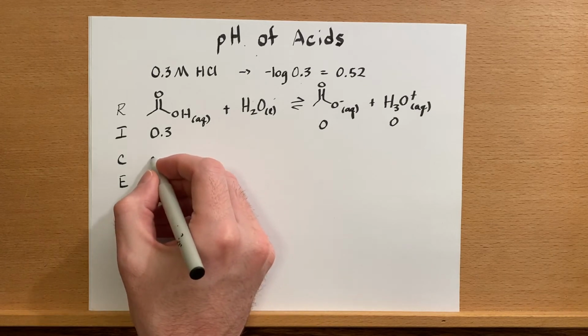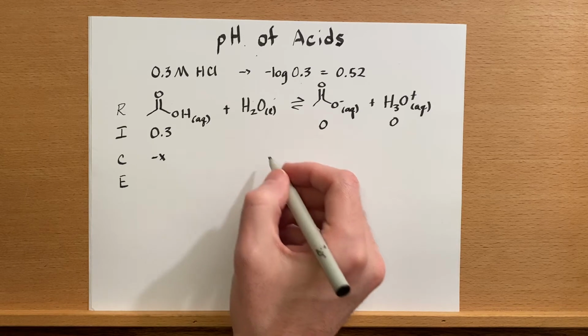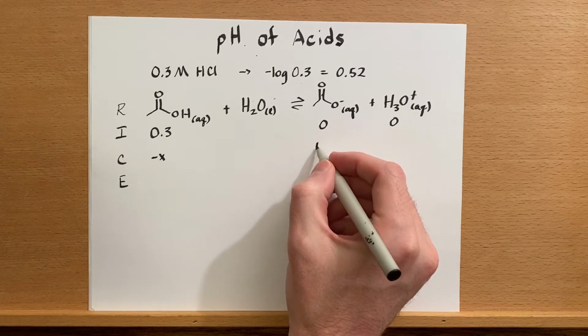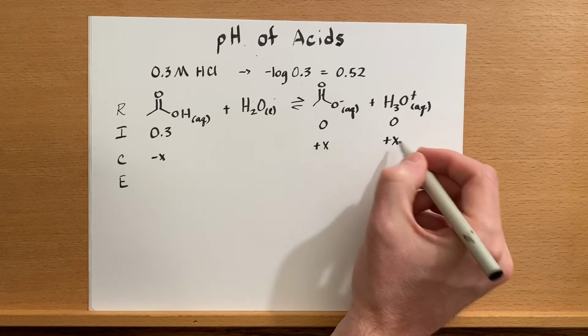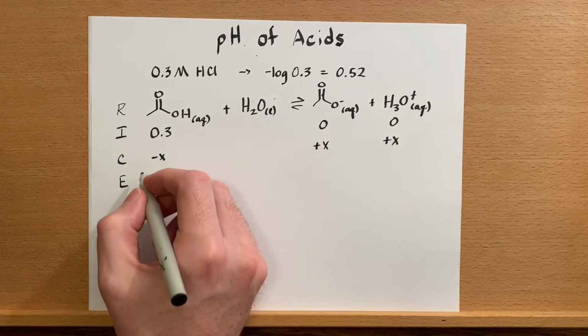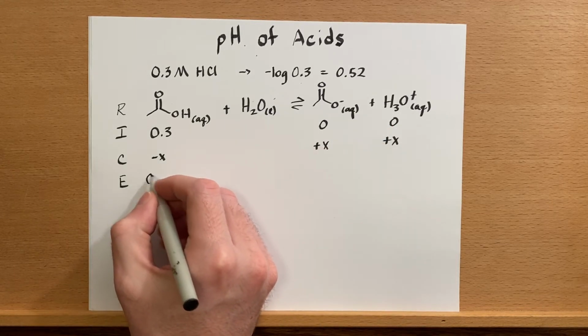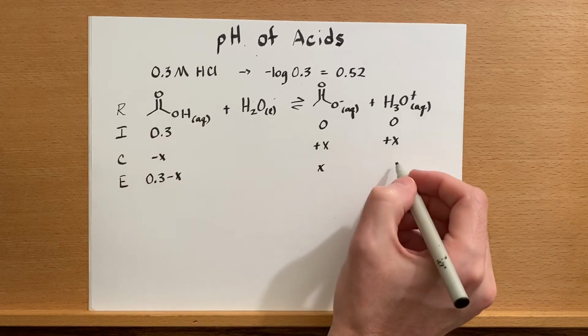Our change is going to be minus x. Again, not a factor here. Plus x for acetate and plus x under H3O+. Adding those up to get our equilibrium concentrations, we get 0.3 minus x, x, and x.